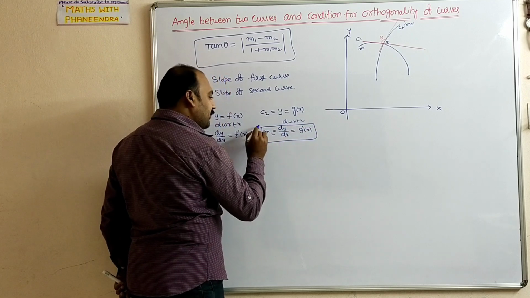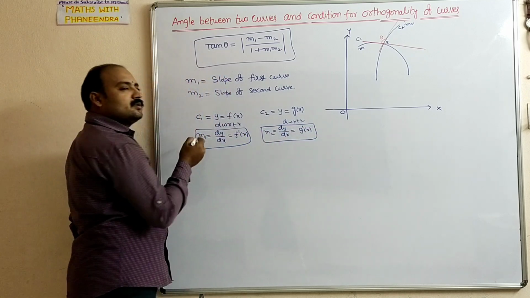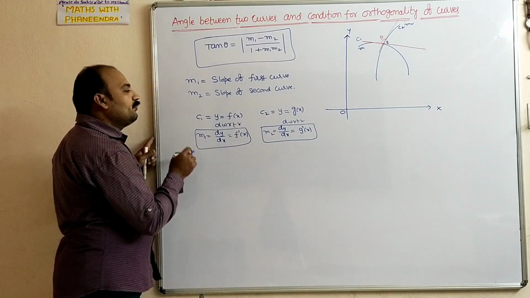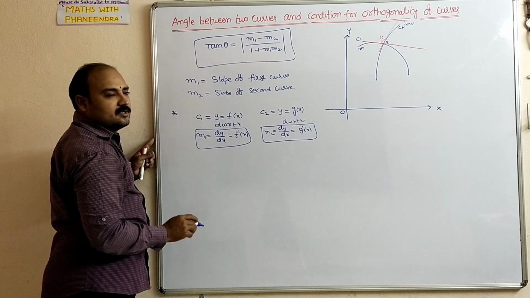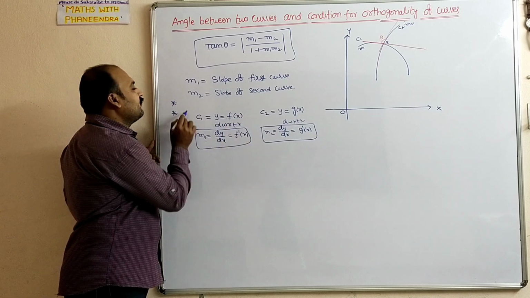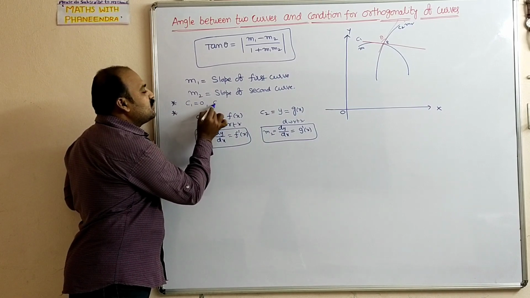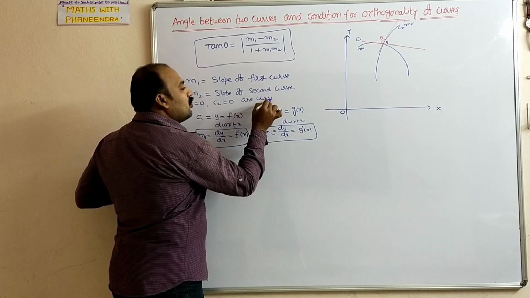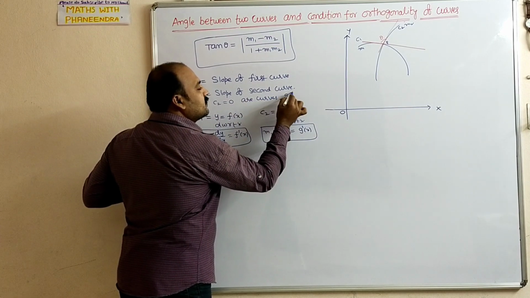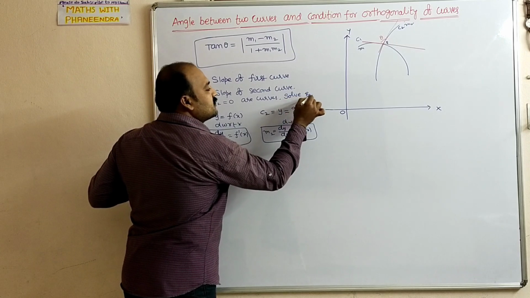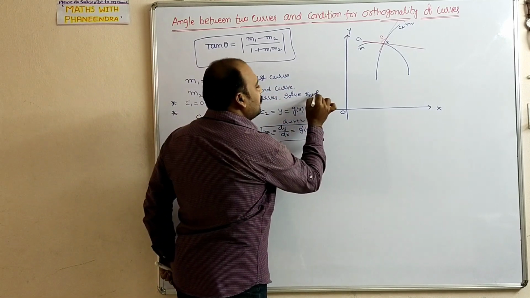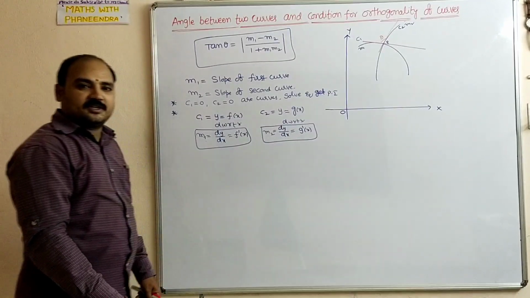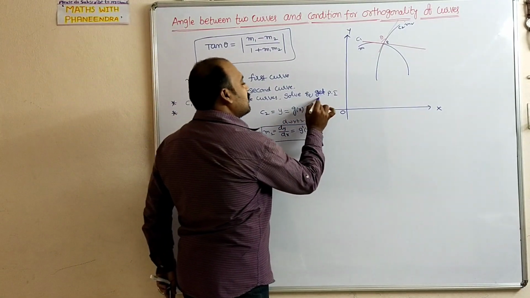After getting the values of m1 and m2, before finding their slopes, first we need to calculate the point of intersection. Sometimes they won't give the point of intersection of the curves. C1 equal to 0 and C2 equal to 0 are the two curves. Solve these two equations and get the point of intersection. So you will get the point P of x comma y.